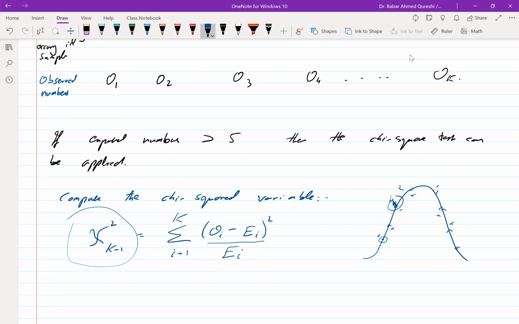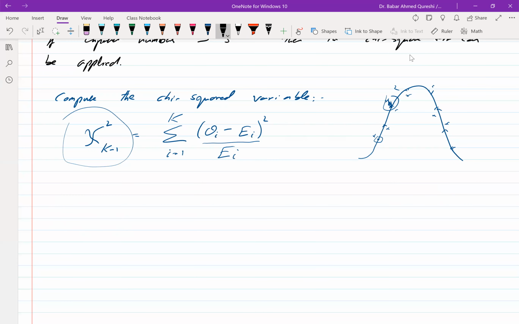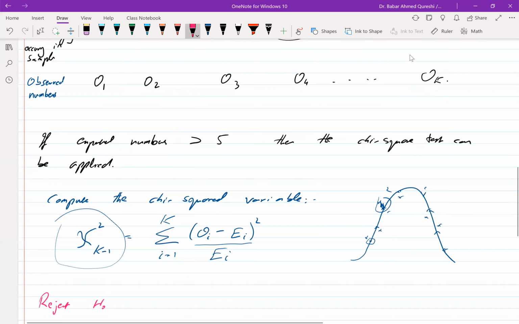And if it's too large, then that means that your assumed probabilities are probably not the correct ones for the population. So based on that, you can do the test and reject my starting hypothesis. What is your hypothesis over here?